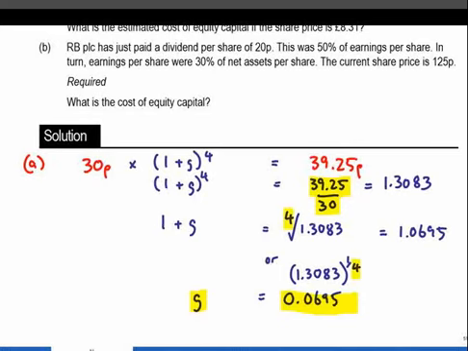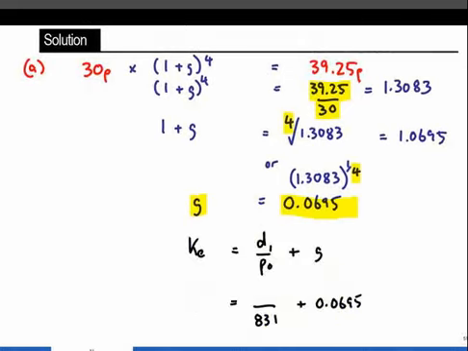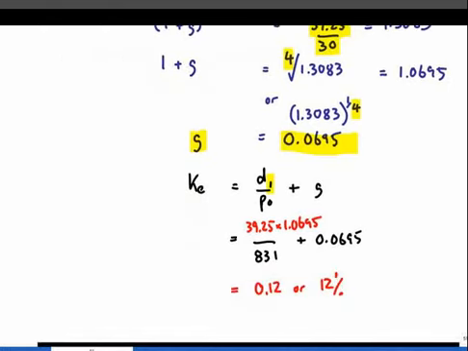Once we've got the growth rate, we put that into the formula that we've just seen, where the share price is £8.31, the growth rate is 0.0695, but then don't forget that D1 will be 39.25, but then multiplied up by 1.0695, so that it's the dividend in 1 year's time. And so this will deliver a cost of equity of 12%. So this is the technique that you'll need to use if you're estimating dividend growth using historic data.